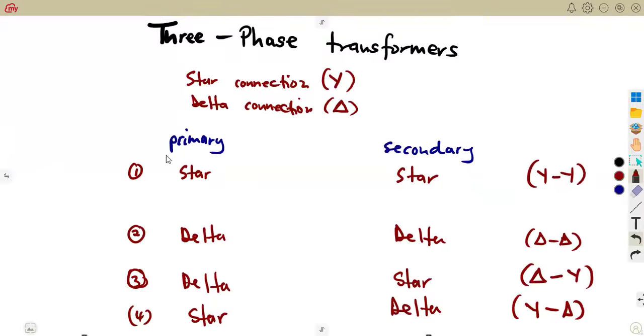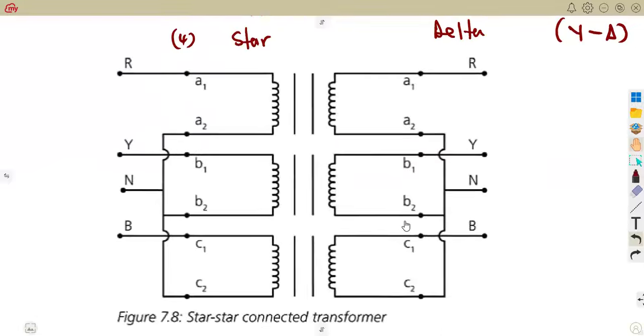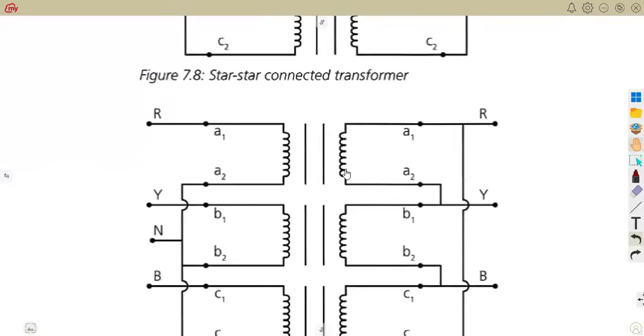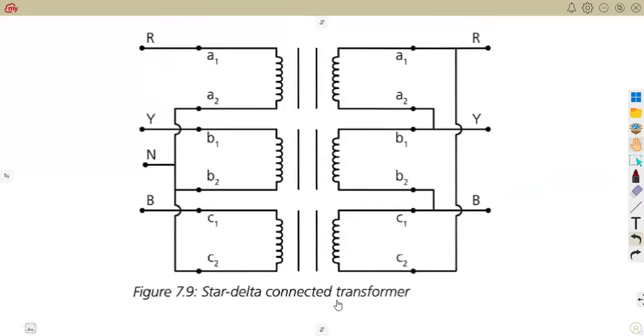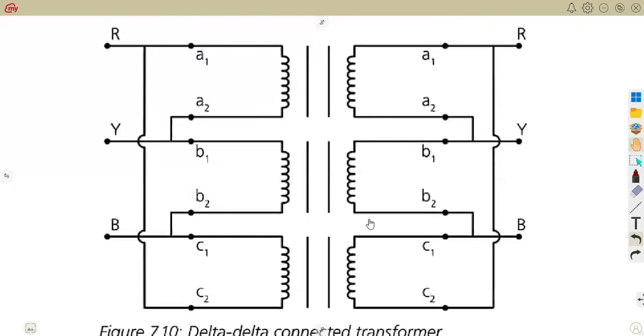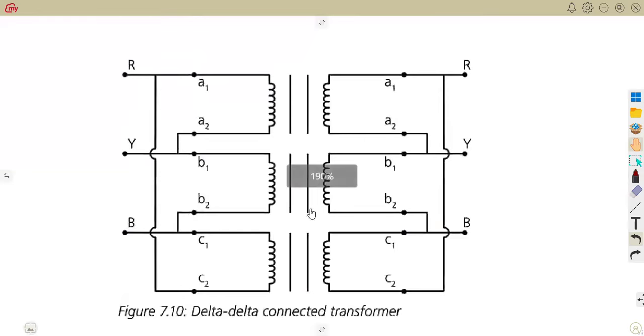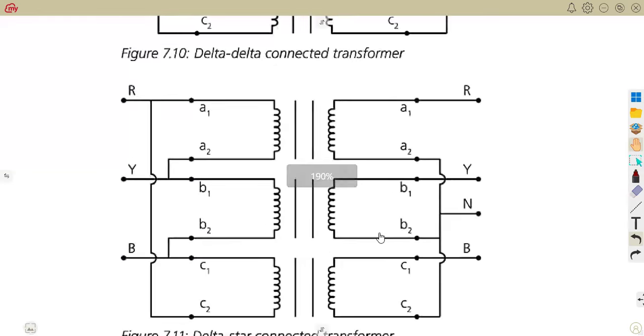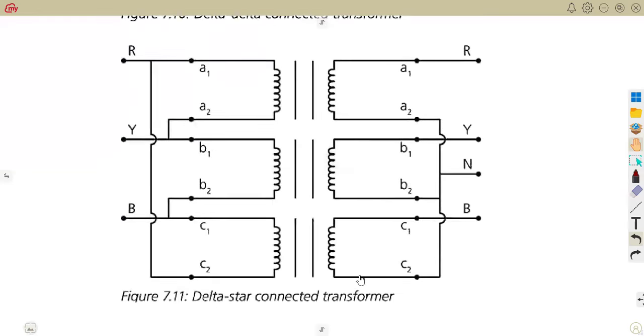So what you need is to know the connections, how they are presented. If it is a star to star connection transformer, that's how your presentation is going to be. If you're considering a star and a delta, primary side in star, secondary in delta, do not worry about that. Considering delta to delta, it can be a delta to star connection.